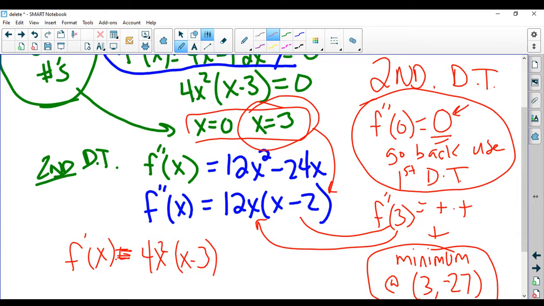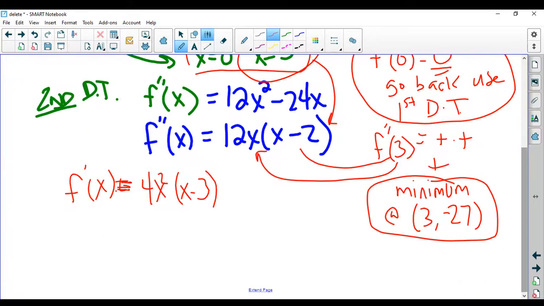And now use the chart with the critical numbers. So our critical numbers are still 0 and 3. We're not sure what happens here. We know that this is our minimum.